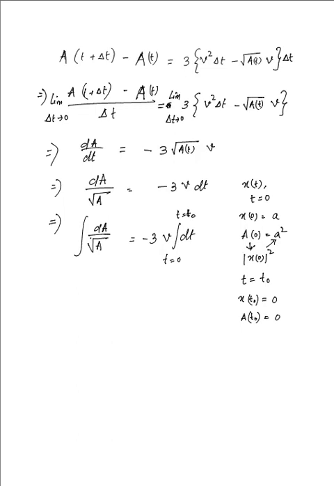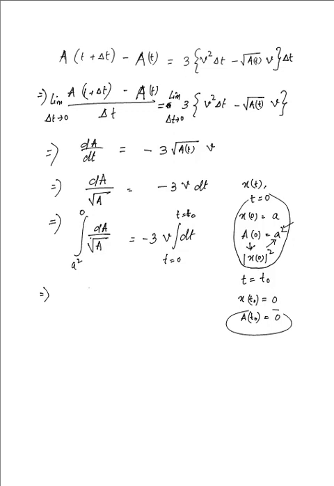At t equal to 0, you have the value of a as a squared. So this is a squared, that is the lower limit. And what is the upper limit? A of t is equal to 0 at t equal to t0. So that means we need to just integrate it. This is a to the power minus half.